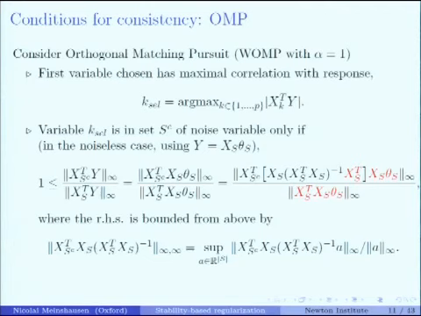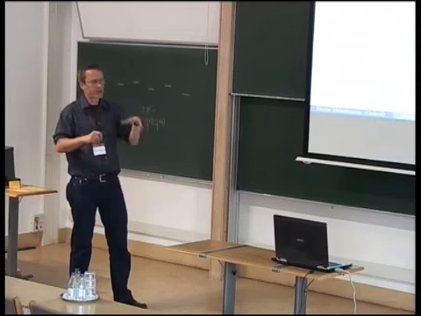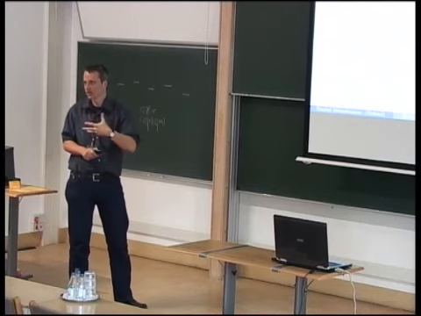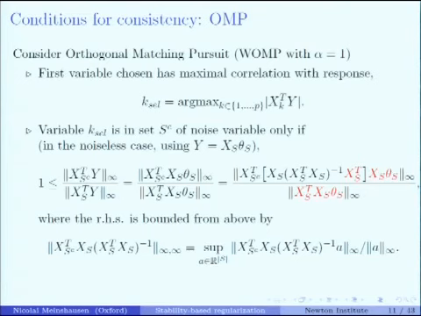And the idea, it's a bit rough here, but the idea is basically that the signal you have is living in the space spanned by the variables in the set S. For example, if you're in the noiseless case, then you might as well introduce that term here, which is just the projection into that space, because the signal is living in that space, so it doesn't change anything if you project it.